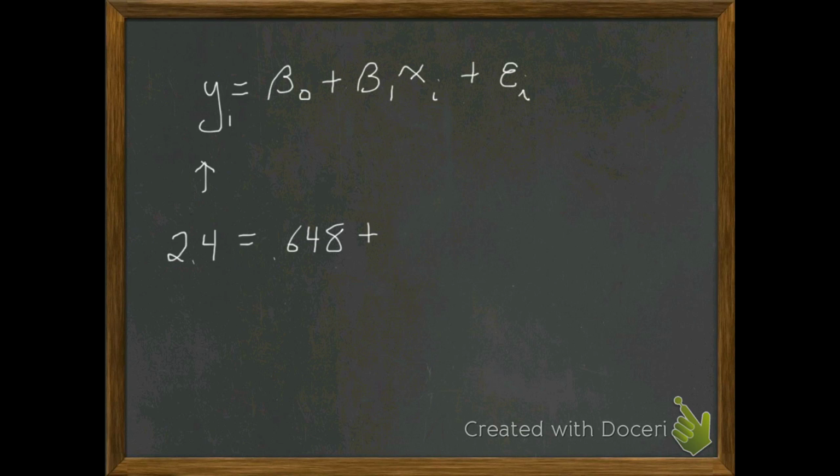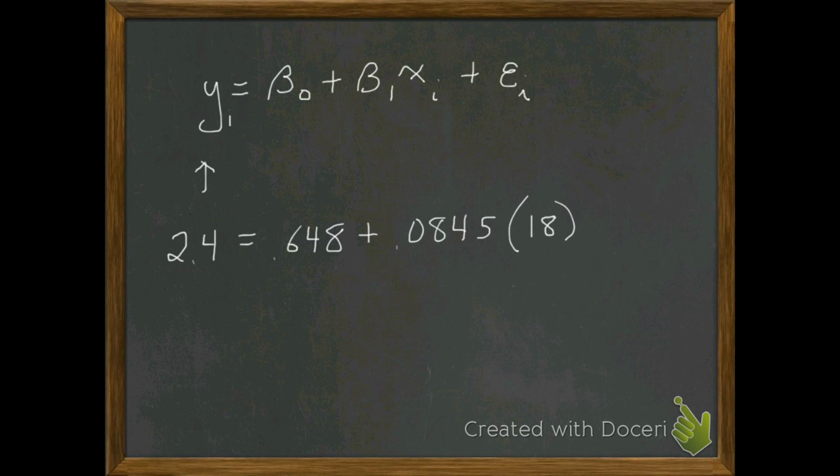And B1 is 0.0845. If we take the x value, which would be the ACT for this particular student, we're going to see that we don't have an equality. The left-hand side is 0.648 plus 0.0845 times 18.